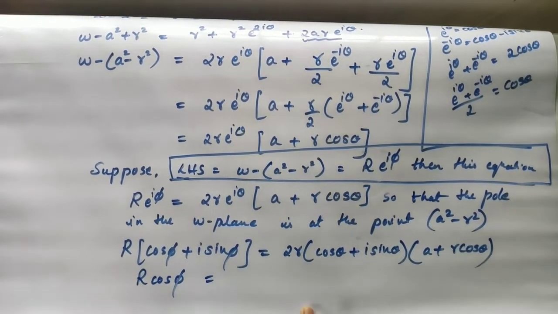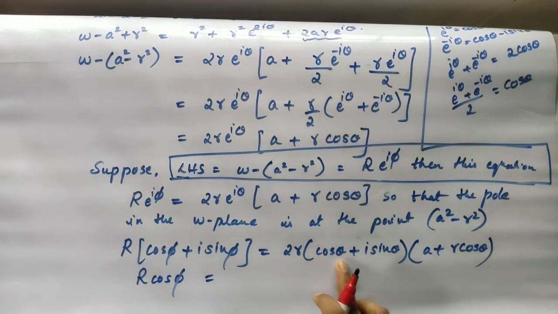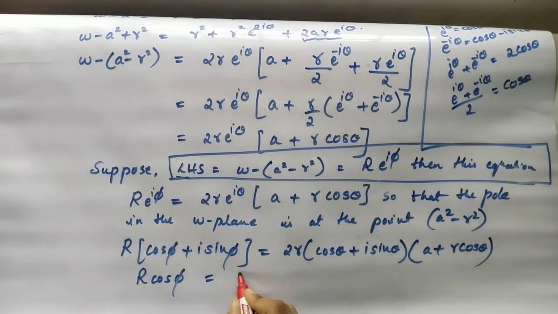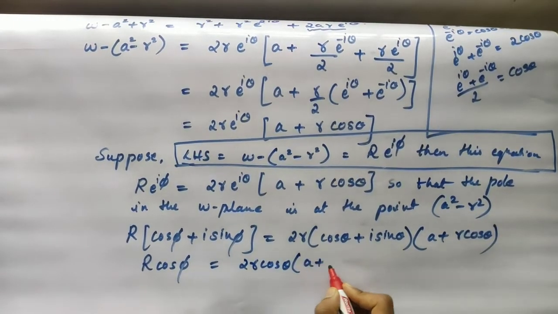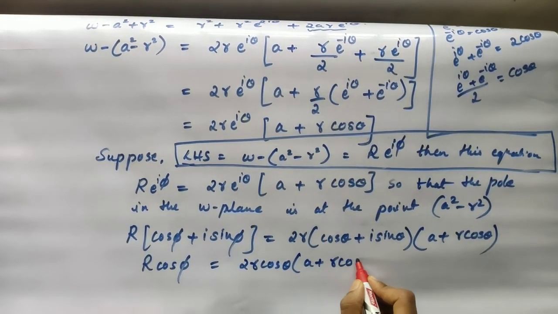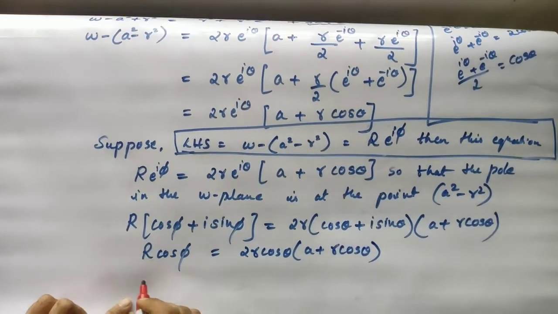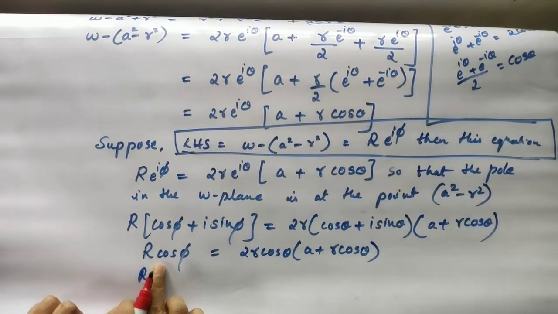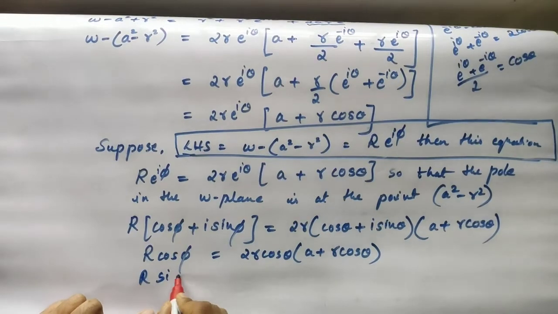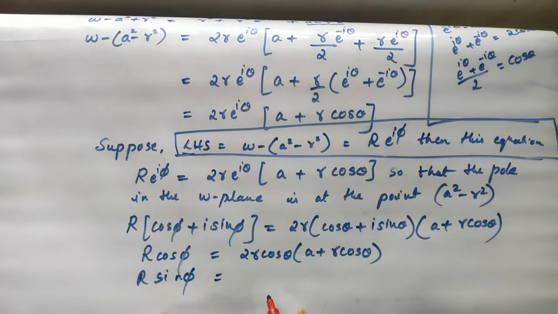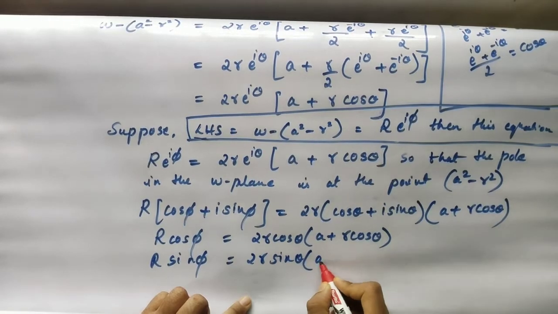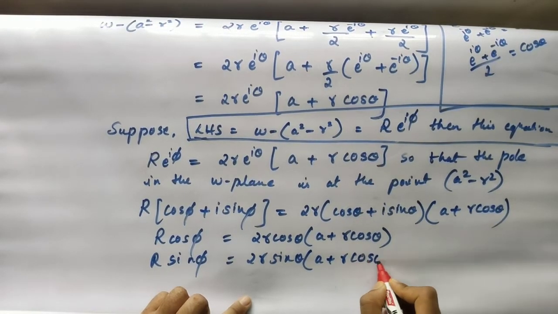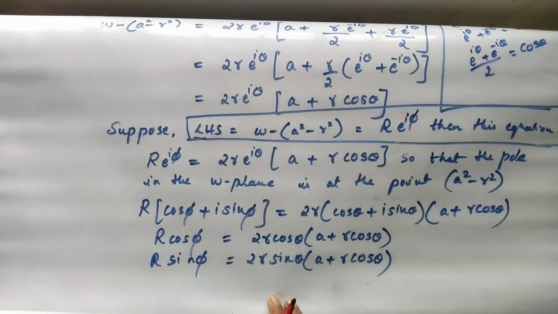On the right hand side the real part is 2r cos θ (a + r cos θ). The imaginary part on the left hand side is r sin φ, and on the right hand side it is 2r sin θ (a + r cos θ). You can easily write this.